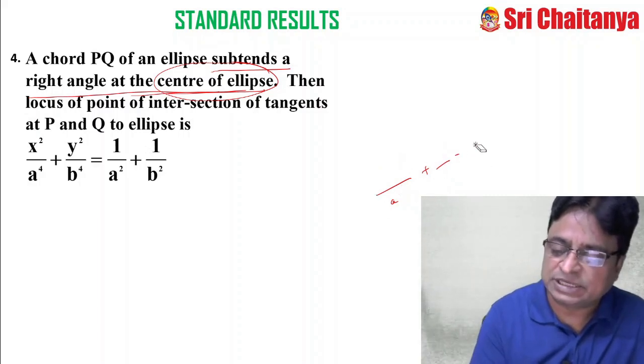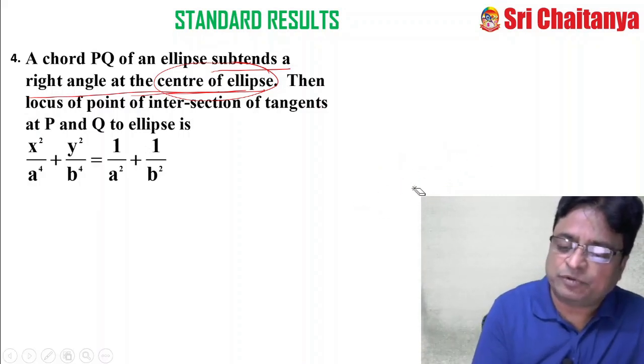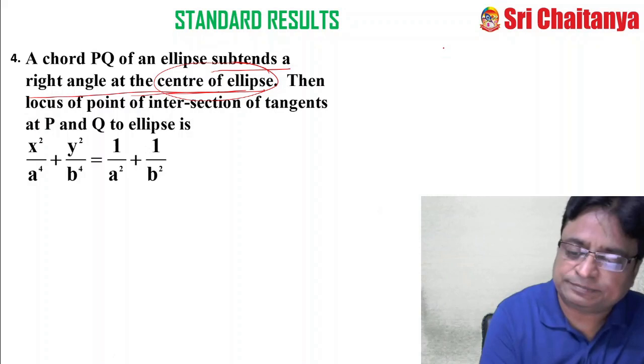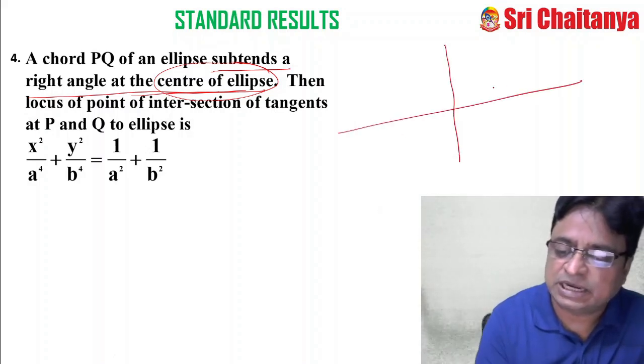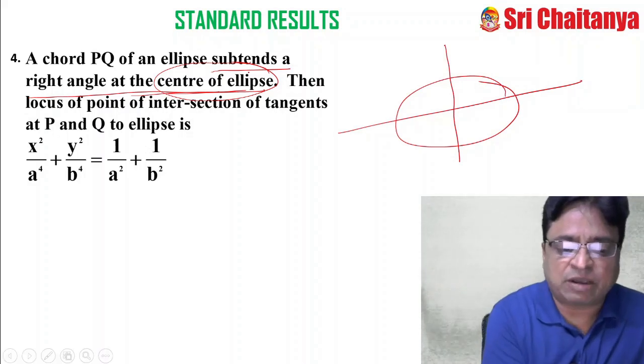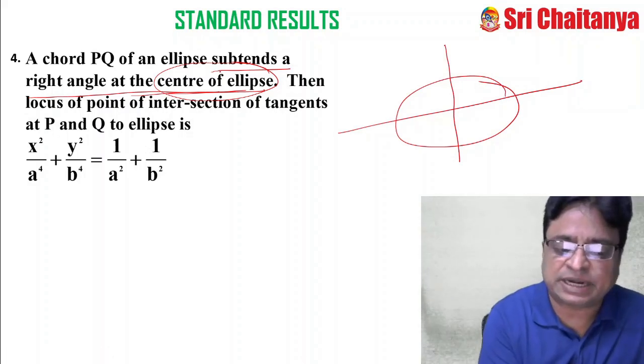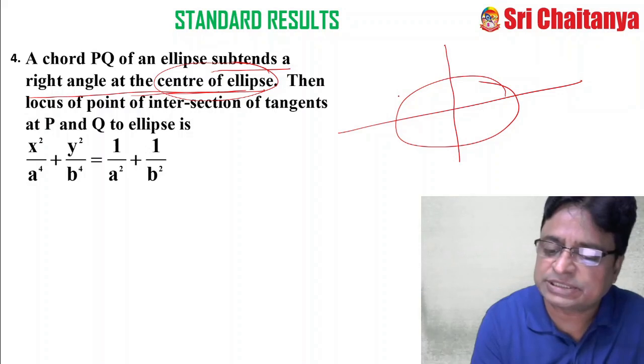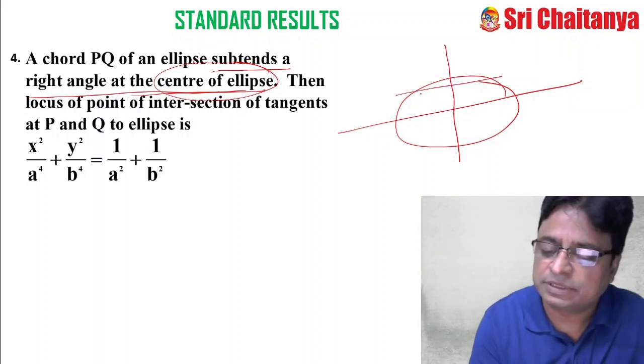So my friends, listen. Suppose this is the ellipse given to you. A chord PQ of the ellipse subtends a right angle at the center. So this is the chord, with endpoints P and Q, and it subtends a right angle at the center of the ellipse.